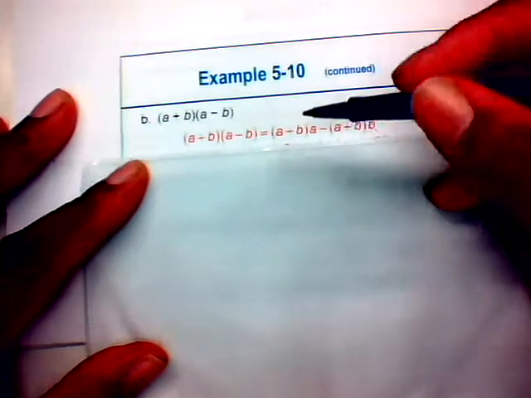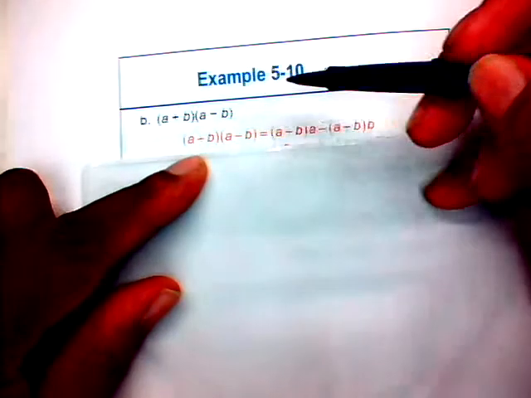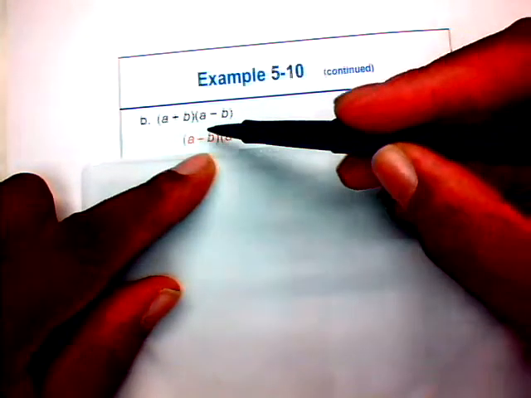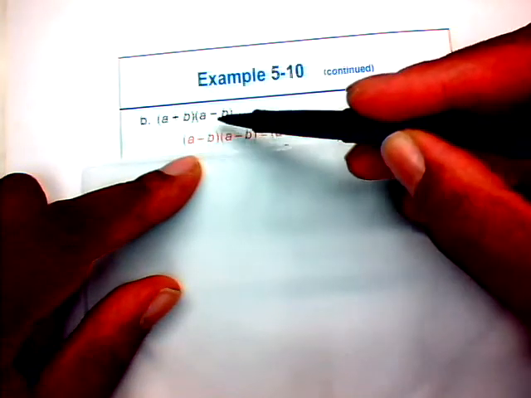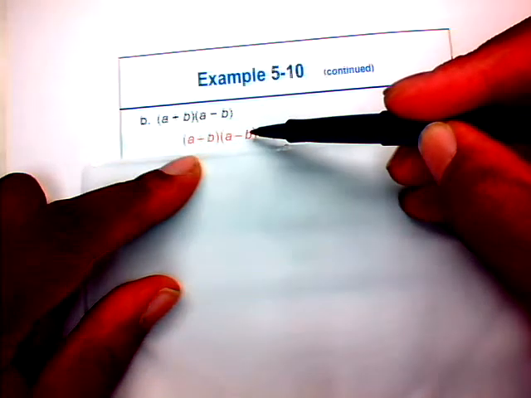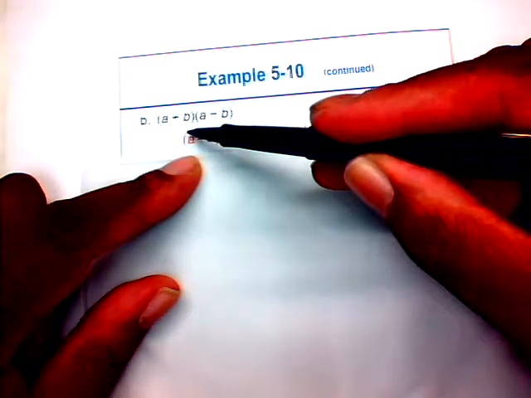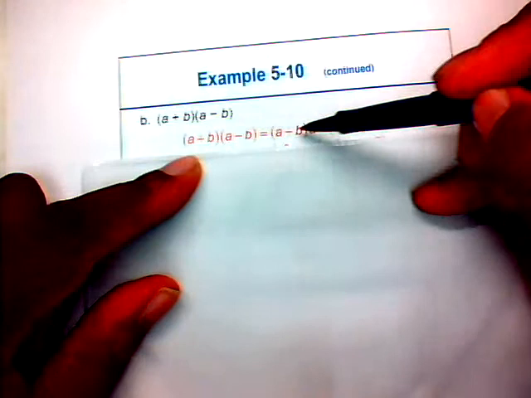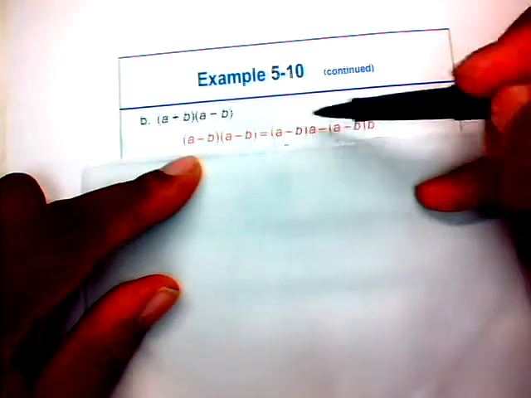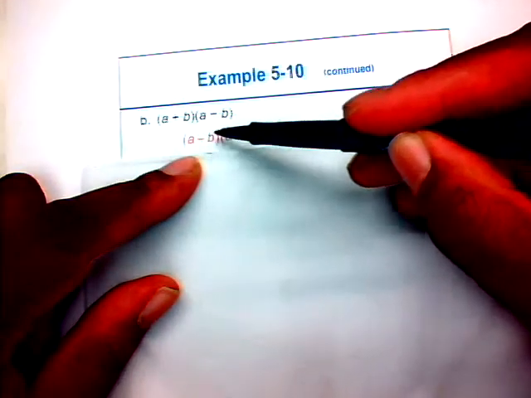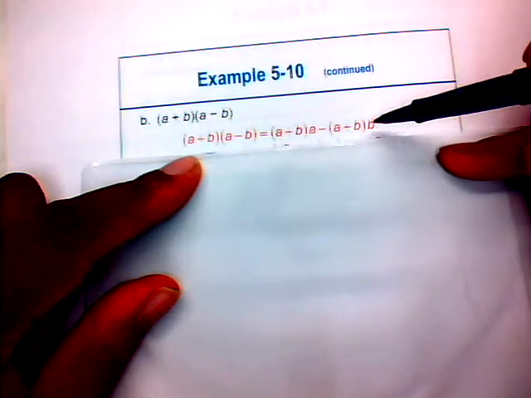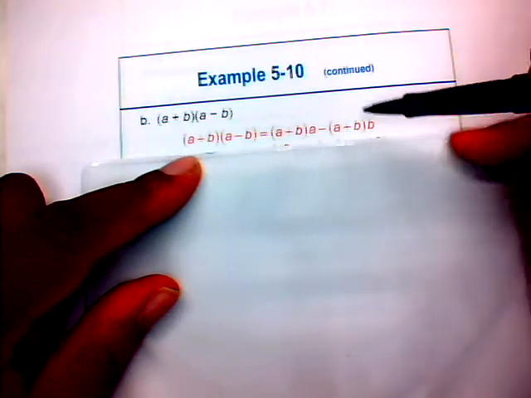What they did was they took the a plus b and distributed it over the a and the minus b through multiplication. So this will be a plus b times a, which is this part right here, then minus a plus b times the b, which is this part right here.